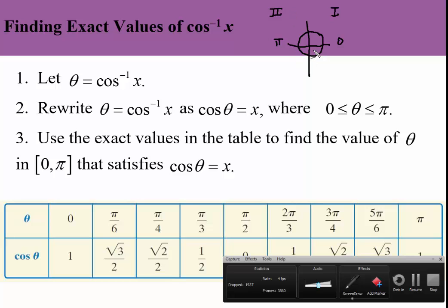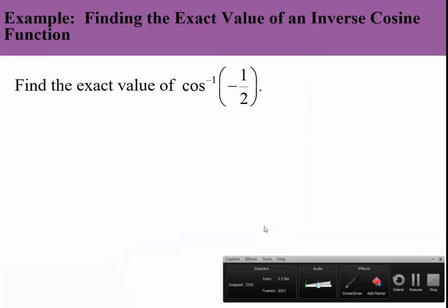Now remember, the inverse sine only existed from -pi/2 to pi/2, which was in the first and the fourth. The inverse cosine, however, because of the cosine graph, remember it has that 90-degree or pi/2 shift. So we're really only going to look at these angles. This will be the answers for most inverse cosines that are exact. And we're going to continue our discussion as we look at some of these examples.